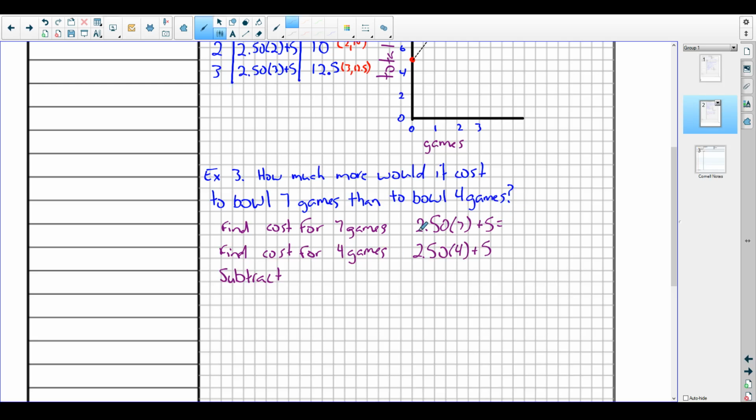So 2.5 times 7 is 17.5, yeah, plus 5. So this would be $22.50. And for 4 games, 2.5 times 4 is 10. And then 10 plus 5 is 15. And then we just need to subtract those 2 answers. So what is 22.5?